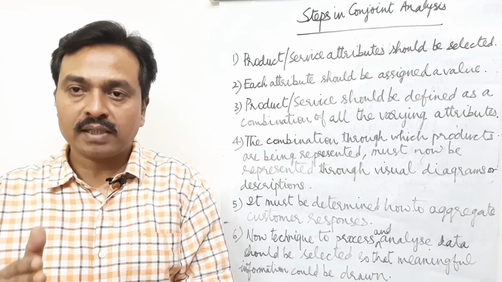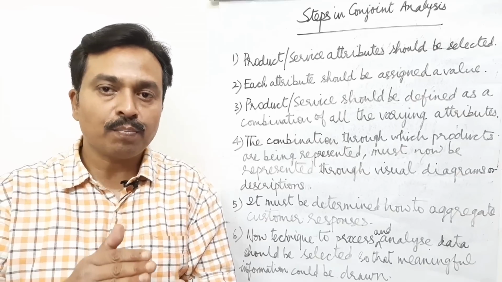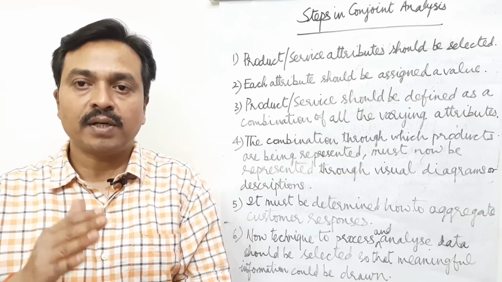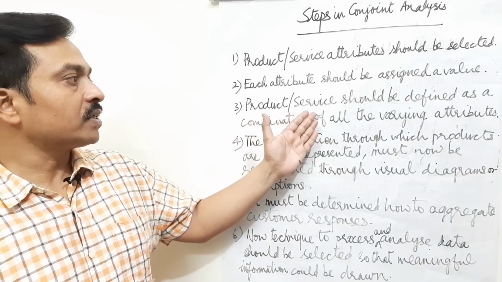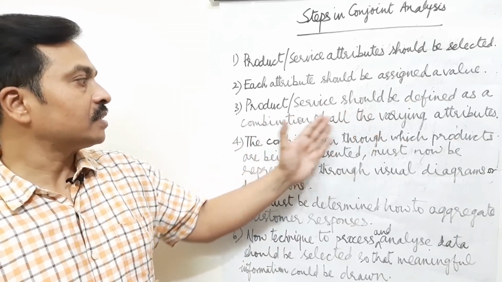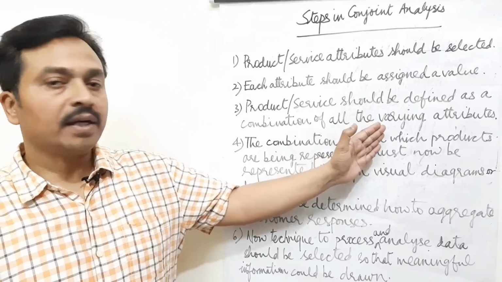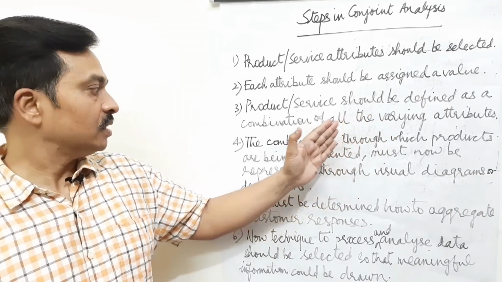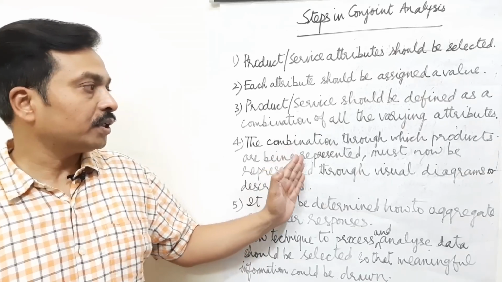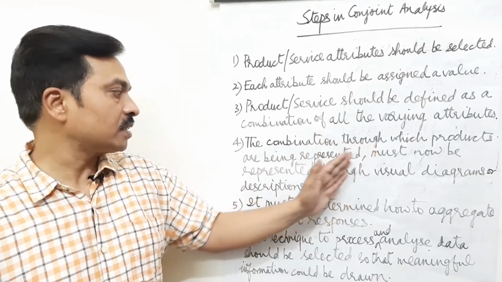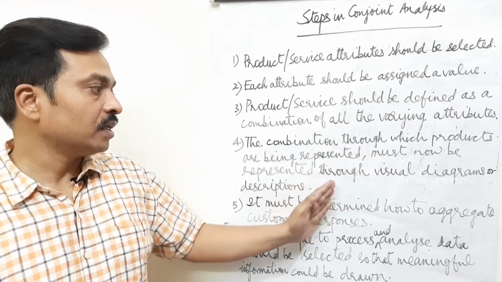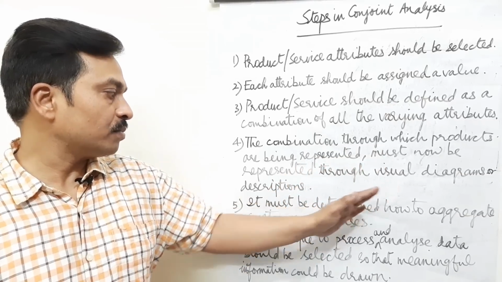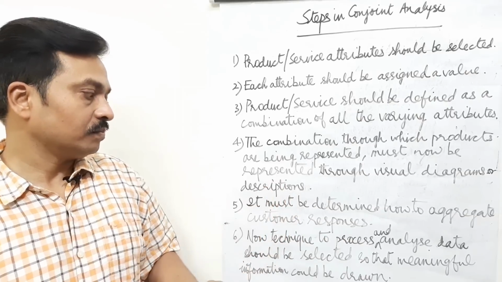Higher value on the scale represents more importance attached to a particular attribute. Number 3, product or service should be defined as a combination of all the varying attributes. Number 4, the combination through which products are being represented must now be represented through visual diagrams or description.